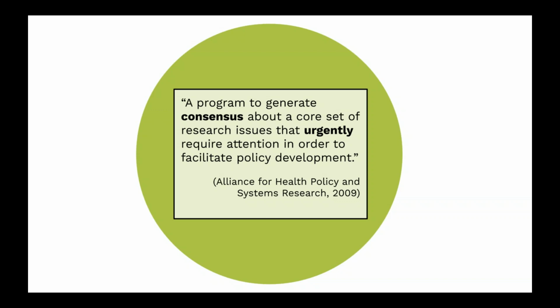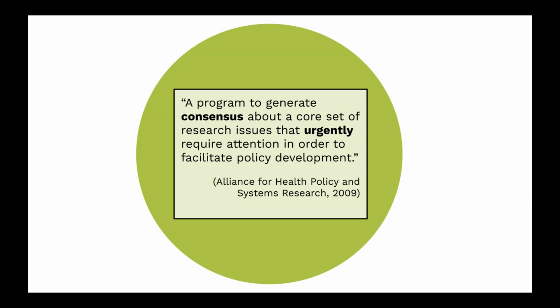So consensus is actually one way to do this, but it's the most commonly used way that eventually different stakeholders have to agree on what are the priorities. And then this definition mentions the word urgently, and as you will see, urgency is one of the criteria used for setting priorities.